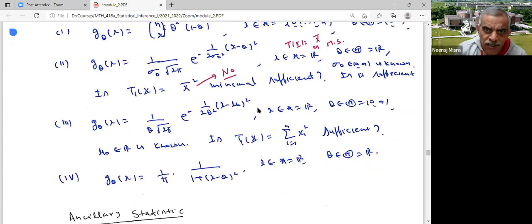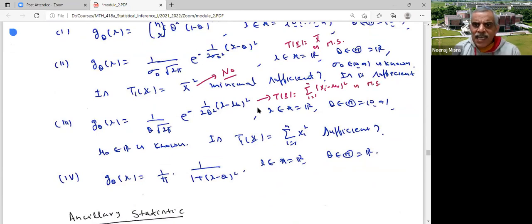If mu naught is known, the statistic which we have obtained as a minimal sufficient statistic is T(x), the summation of (x_i minus mu naught) whole squared, because mu naught is known. This is minimal sufficient. But summation x_i squared cannot be sufficient. Why?